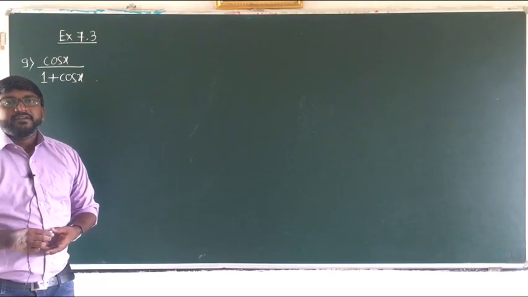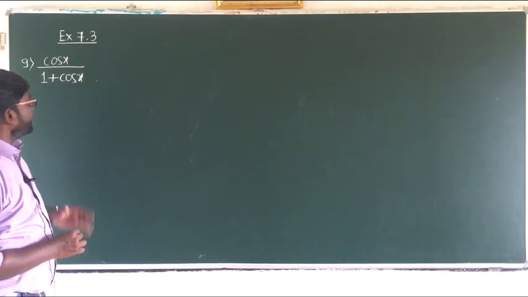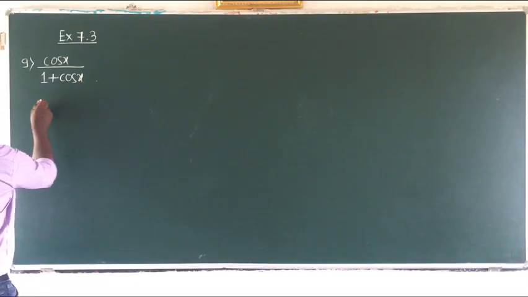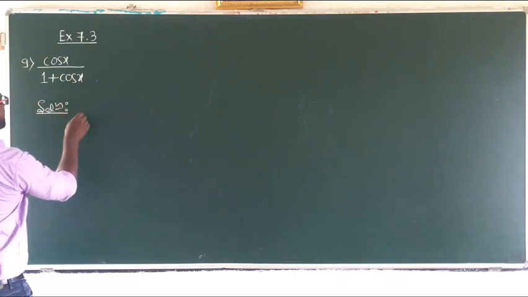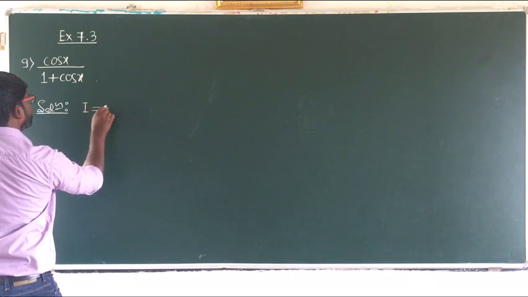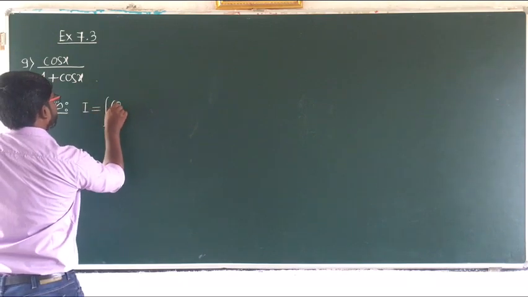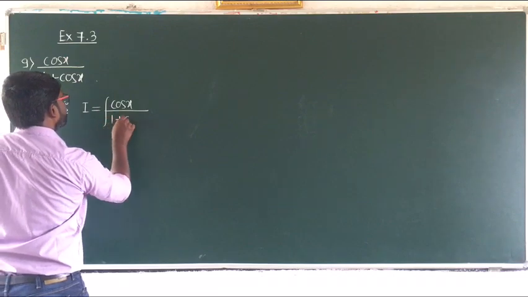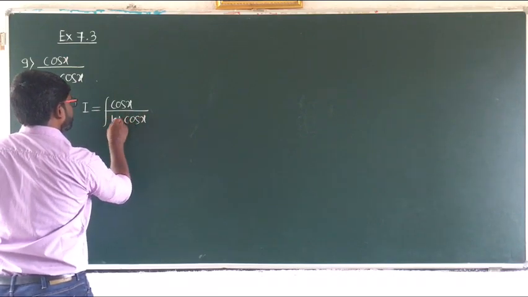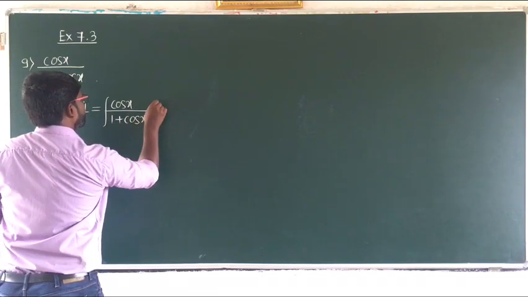The 9th question, it is cos x divided by 1 plus cos x. So let us solve this. I is equals to integral cos x divided by 1 plus cos x dx.